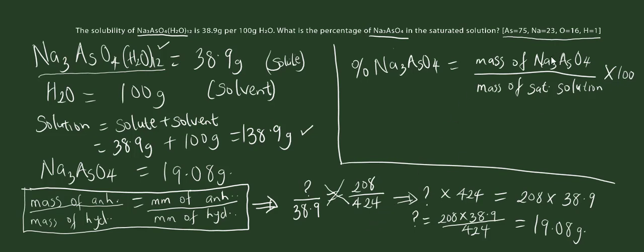The mass of Na3AsO4, the sodium arsenate salt, is this, and then the mass of the saturated solution is this.